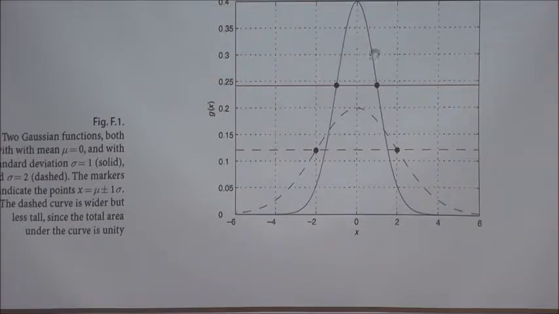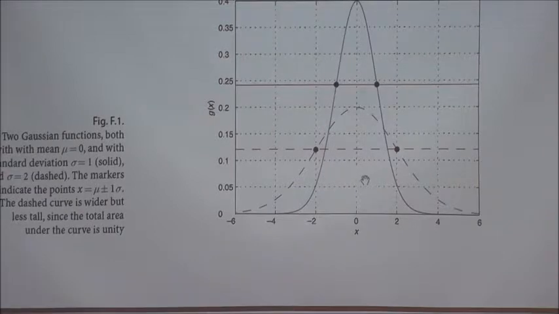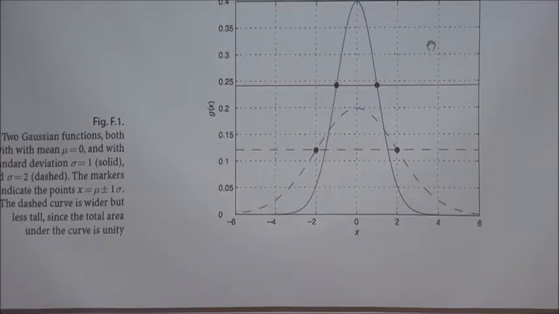Notice that the area under the blue solid curve is the same as under the dashed curve. Both are equal to 1, because the maximum probability you can have is 1. However, of these two functions, the one which is more accurate and closer to the real location of the robot in this case is the solid blue one, because the standard deviation is smaller.